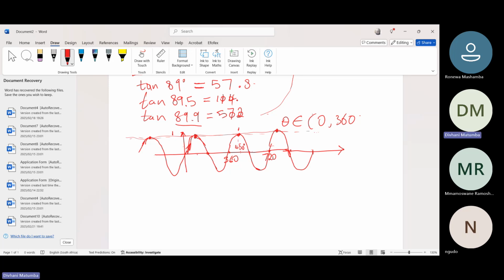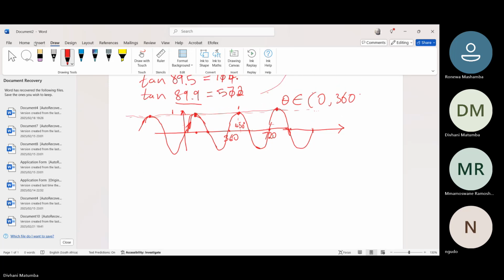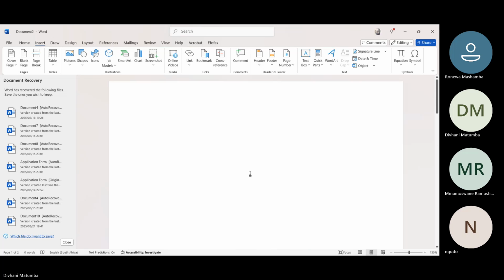For instance, let's say you have an equation which says sine of theta is equals to 1, and someone says find the general solution.